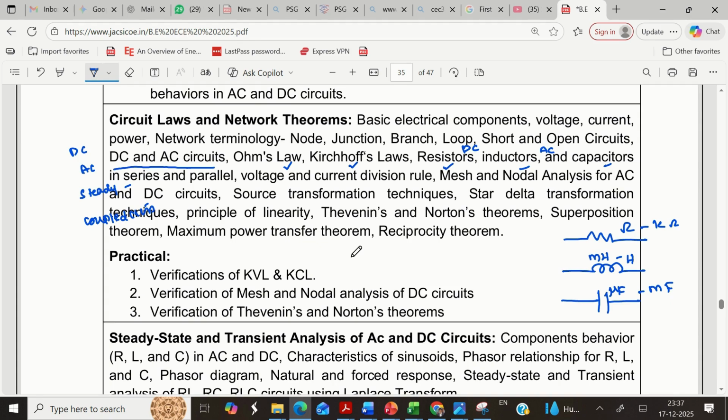This course is a continuation of your grade 12 physics: current electricity is unit 2, alternating currents unit 4, electromagnetic induction unit 3, and electrostatics unit 1, where you deal more with capacitors. Inductors you study in alternating currents regarding Faraday's law and Lenz's law, and resistors in current electricity.